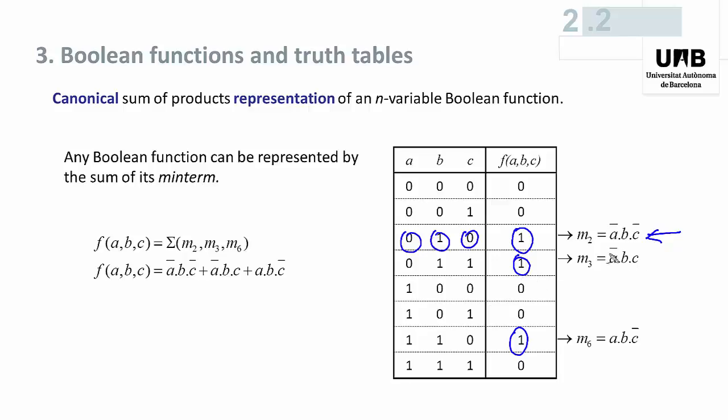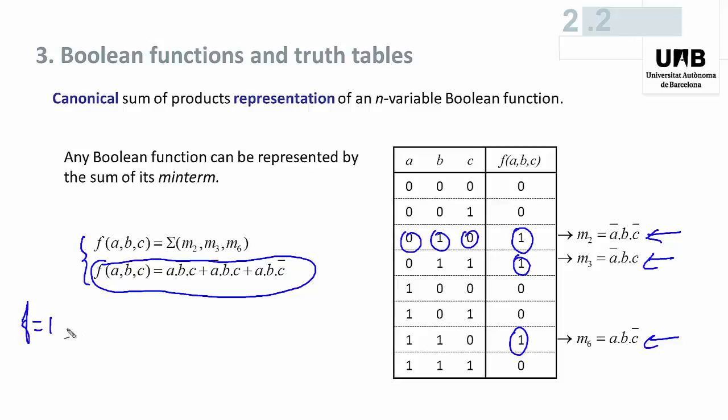To this one corresponds this product, not A times B times C, and to this one corresponds the product A times B times not C, so that we can express f under the form of the sum of 3 minterms, minterm M2, M3, and M6, that is to say, under the form of this Boolean expression.